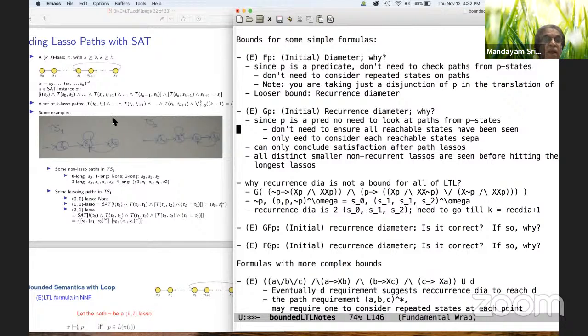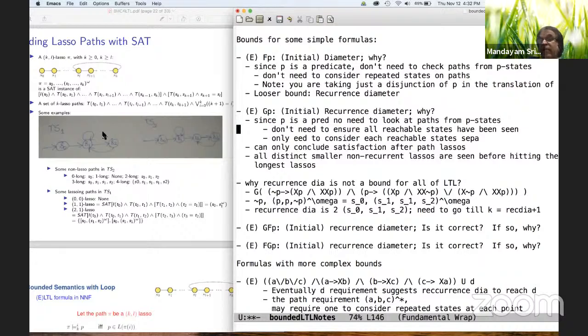The reason that GP and FP were bounded by the recurrence diameter was because, in general in LTL, to check on an infinite path, especially nested LTL formulas, you will have to check the satisfaction of the nested formula at any particular nesting level in the rest of the path. It's a path property.